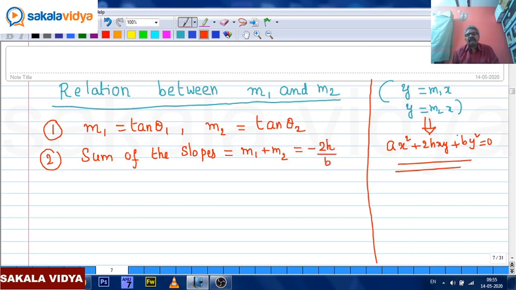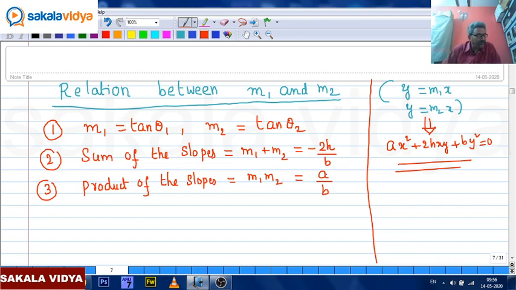Third one is product of the slopes. This is m1 into m2 is a by b. This is very, very important. You need to remember.